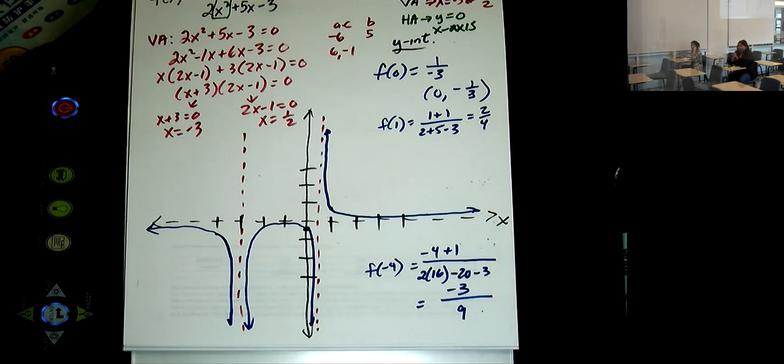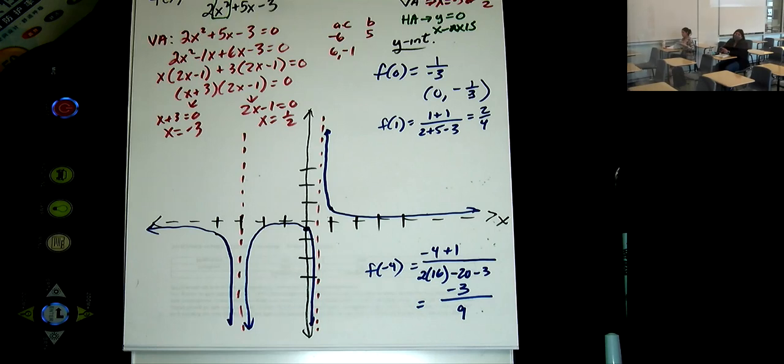Yeah. Let's check it out on Desmos again. I'll leave that up on the screen while I plot this. Oh no. That was scrub alert.